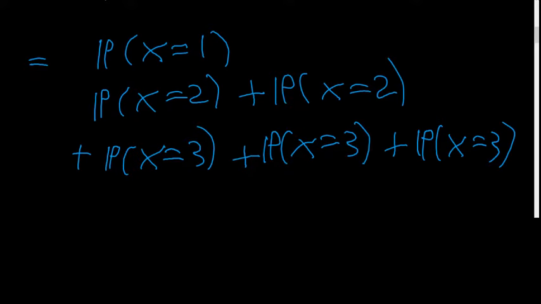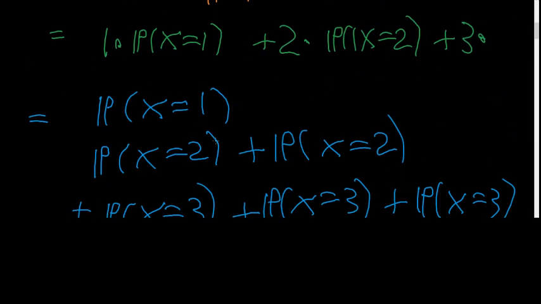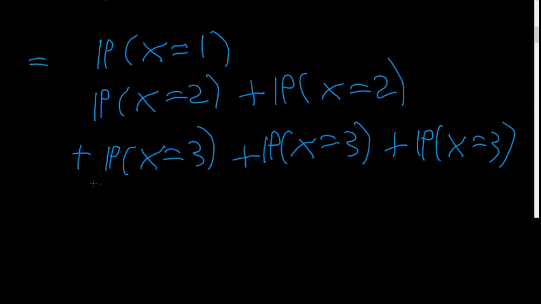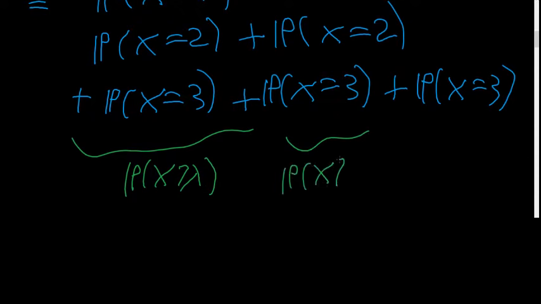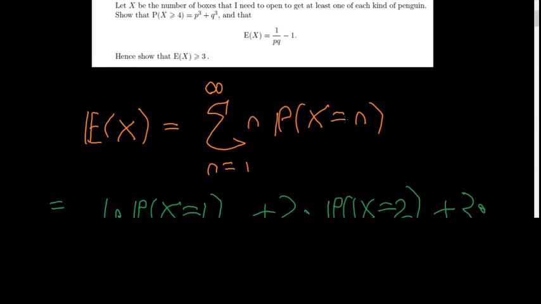If I just kept doing that, and I consider this first column, I get the probability that x is greater than or equal to 1. Here I get the probability that x is greater than or equal to 2, and here, and so on, the probability that x is greater than or equal to 3. This will just continue in this fashion. So I can see informally that I've argued that those statements are equivalent. You could do a more formal proof, but this is really all that's required at this stage. You'll learn more about that in your first year analysis course.